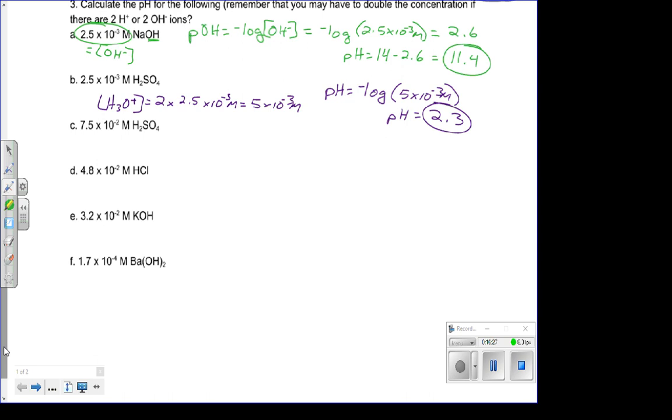Letter C is the same situation. It's actually the same acid. So we have to take the 7.5 times 10 to the negative second and double it, which is 1.5 times 10 to the negative first.